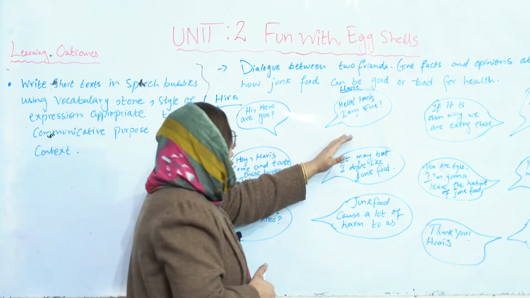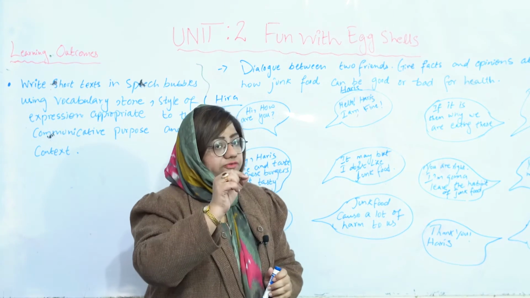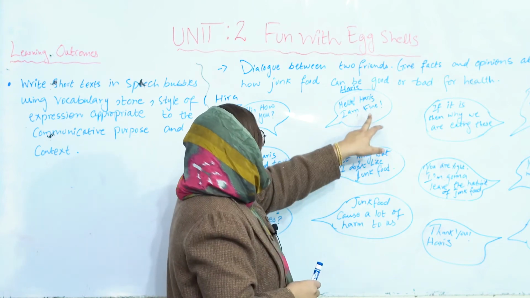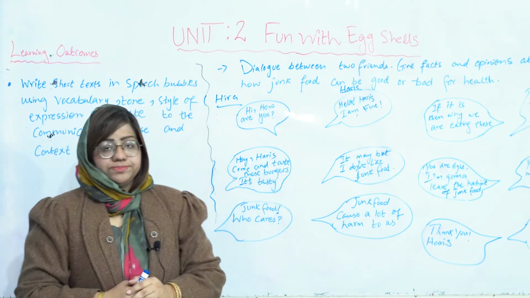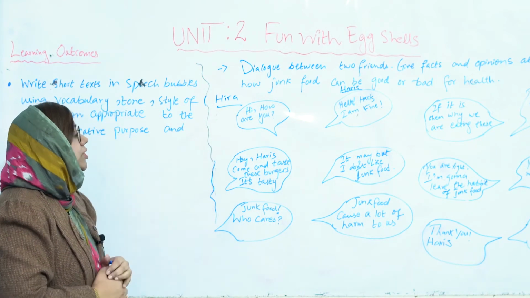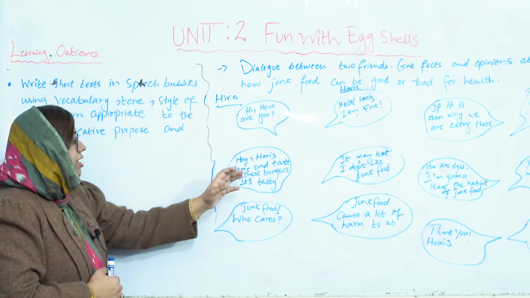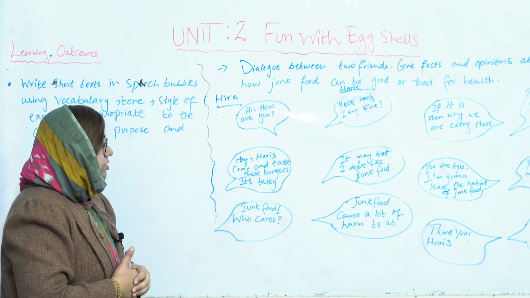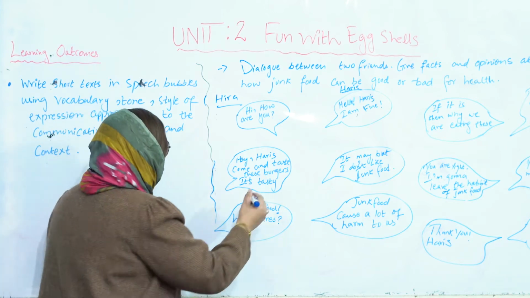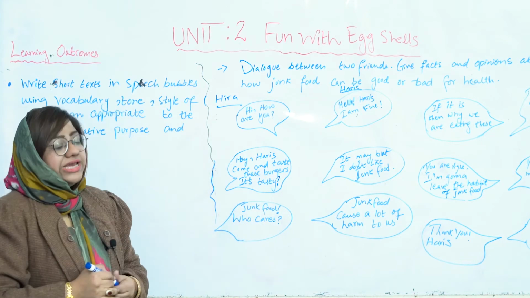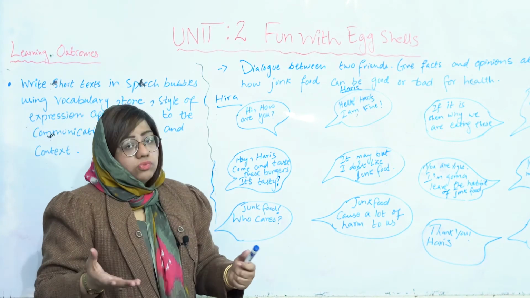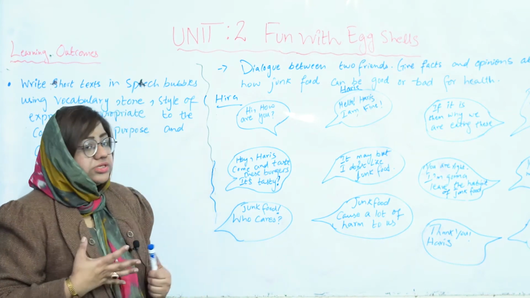In reply, Haris said hello. Haris says, I am fine. Now move to, Hey, comma, Haris, come and taste these burgers. It's tasty. Now she wants to tell that this burger is quite tasty.